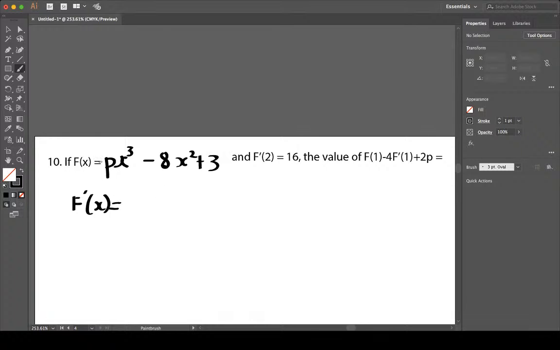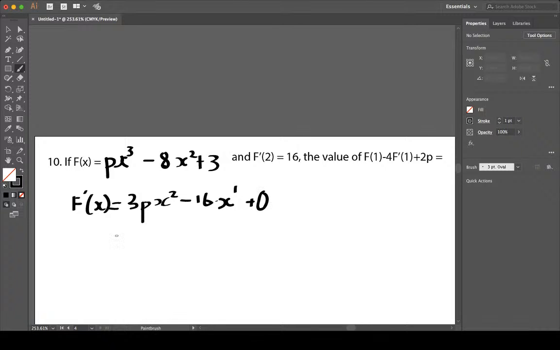So f derivative of x would be 3p. Yeah, so it's p times 3, that would be 3p, x to the power of 3 minus 1, that's power of 2. Minus 8 times 2, that will be minus 16, multiply that by x to the power of 1, which is 2 minus 1. And then plus 0, which is the constant.